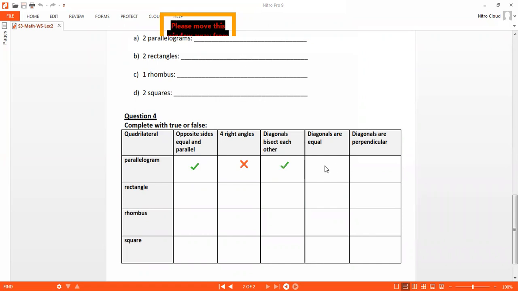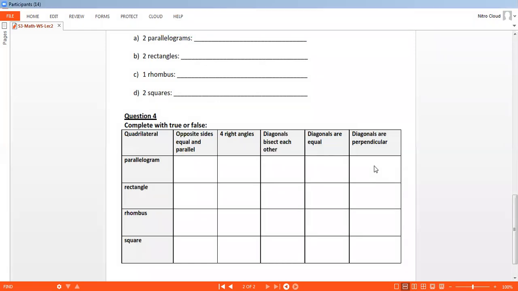No, miss, in the parallelogram only the diagonals bisect each other. Okay. Are the diagonals perpendicular? They form a right angle? No. Okay. Thank you miss.